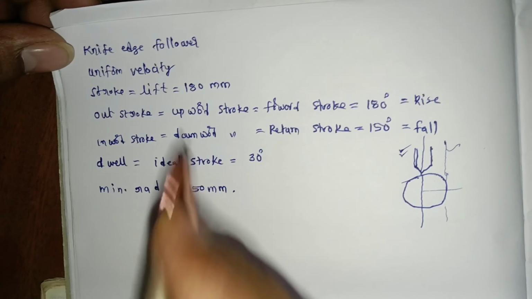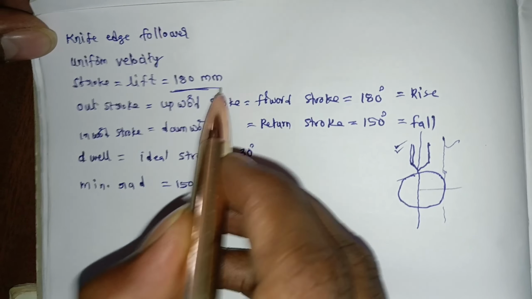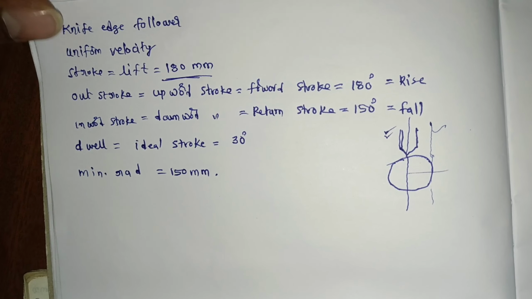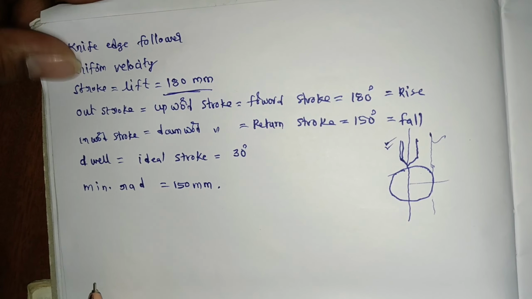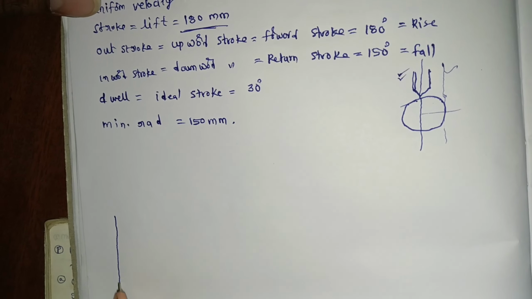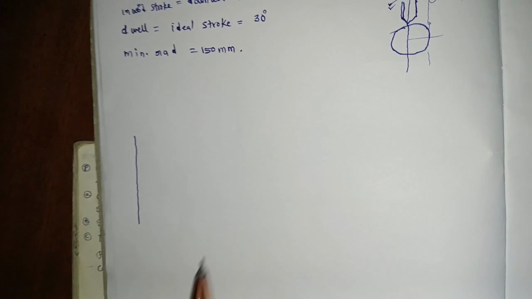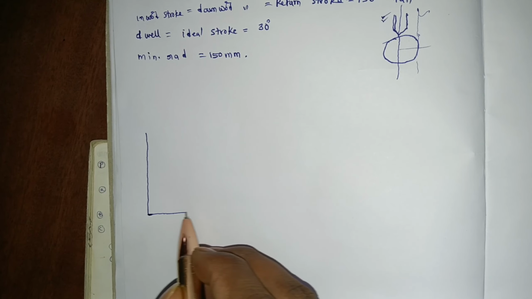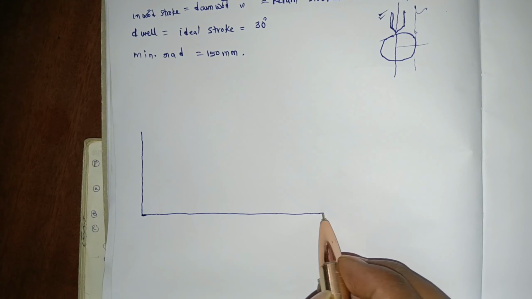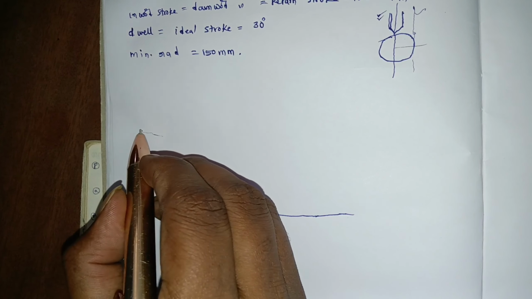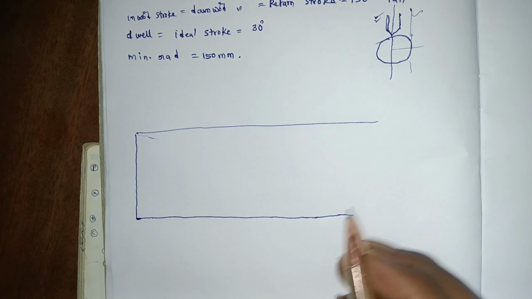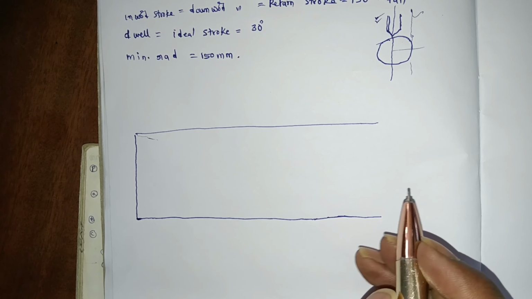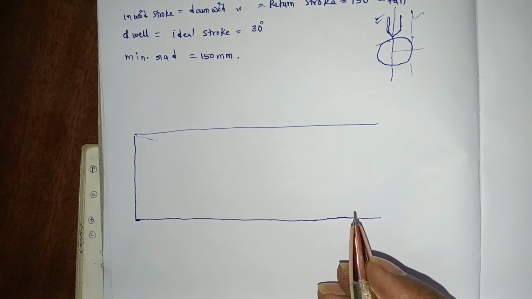For that you have to take the stroke or lift, that is 180 mm. So you have to take a height of 180 mm. And you have to take the length. The length is generally the total angle, which is 360 degrees.